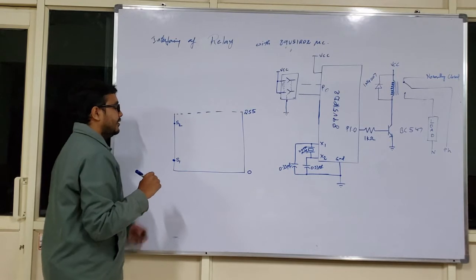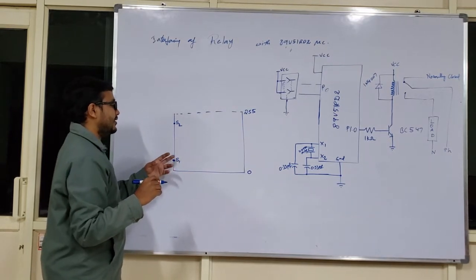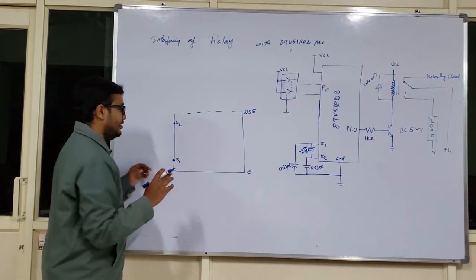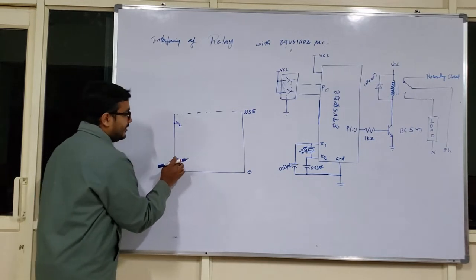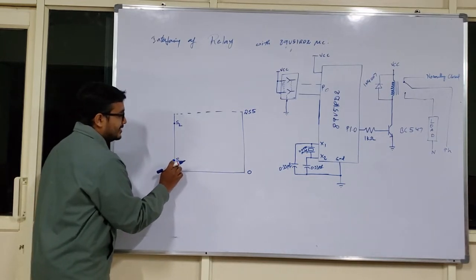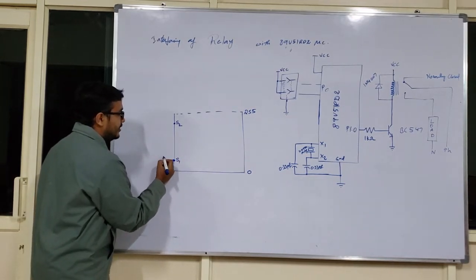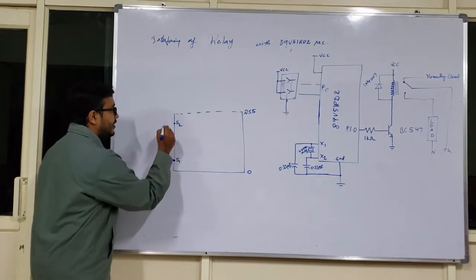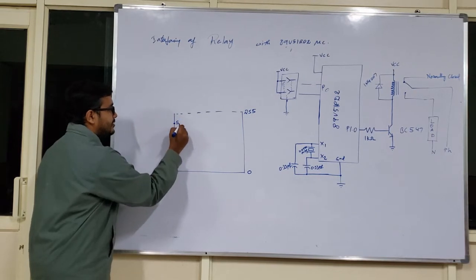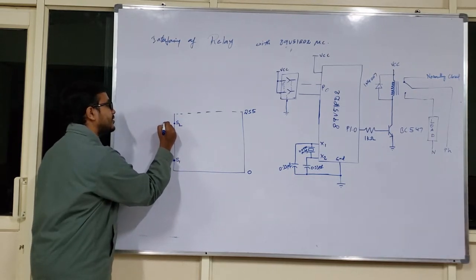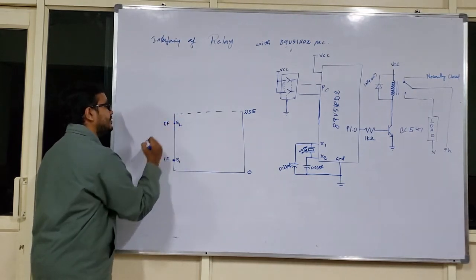Instead of sensors, I can say there will be two conditions existing. Sensor S1 is placed at the location 1FH and sensor S2 is present at location EFH.